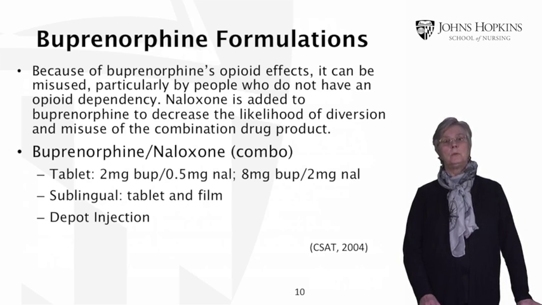So the buprenorphine-naloxone combo formulation comes in a tablet form, 2 milligrams of buprenorphine to 0.5 milligrams of naloxone, or 8 milligrams of buprenorphine and 2 milligrams of naloxone. It can also be in sublingual form in a tablet or a film, and it's also provided in a depot injection.